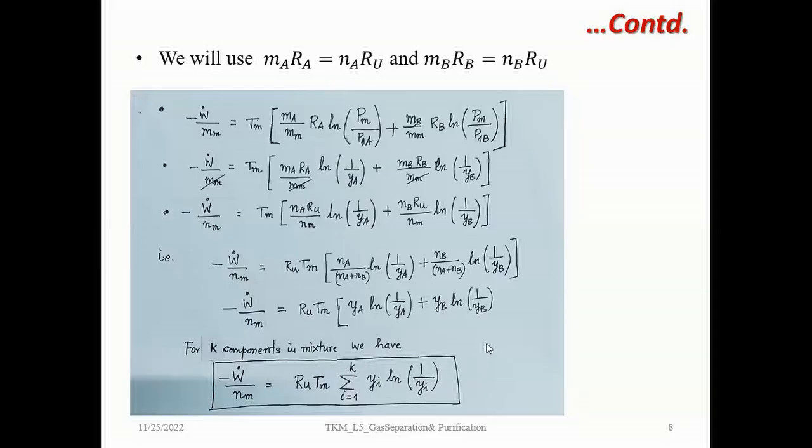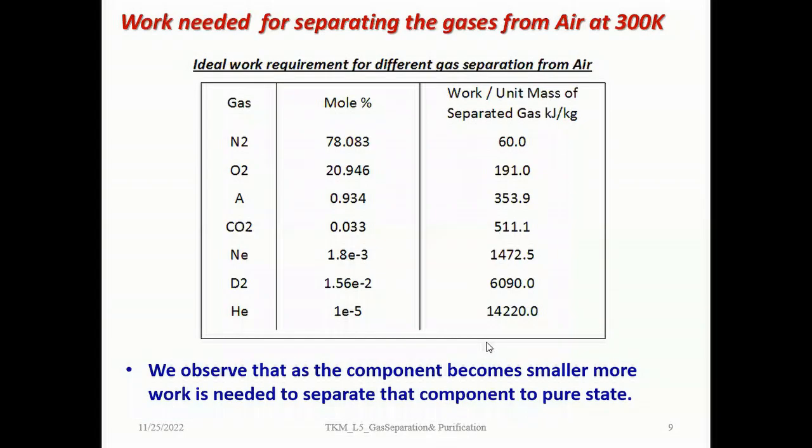Now assume that you are using air at 300 K and trying to separate it into various components. What is the work requirement for separation of air into its different components? You have a table in front of you which tells you the gas, the mole percentage, and the work required per unit mass of gas separated, with units in kilojoules per kilogram.